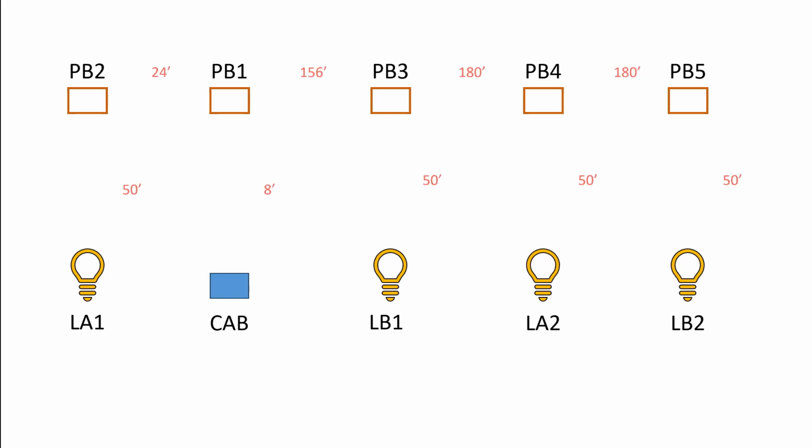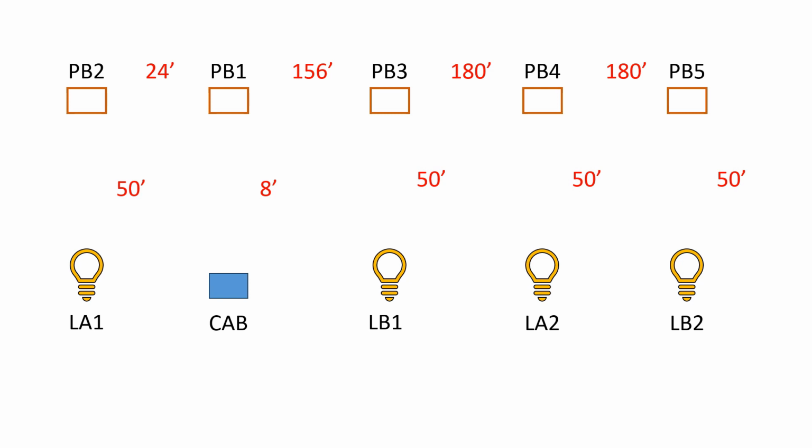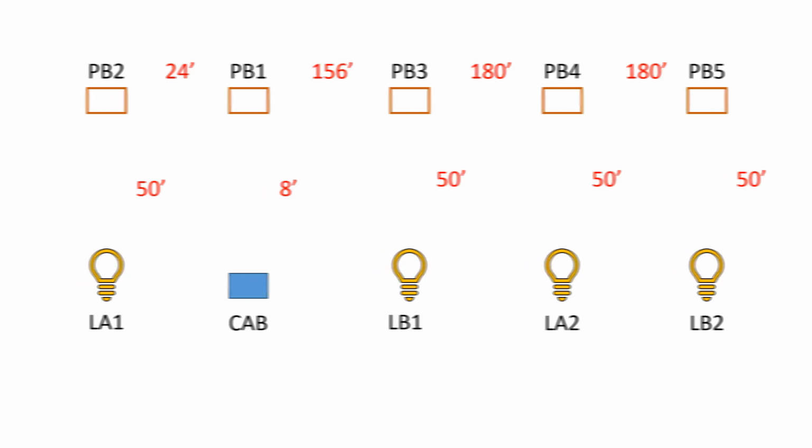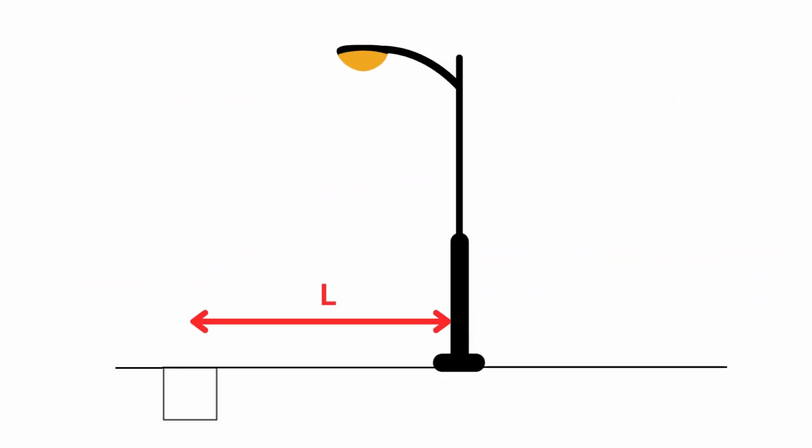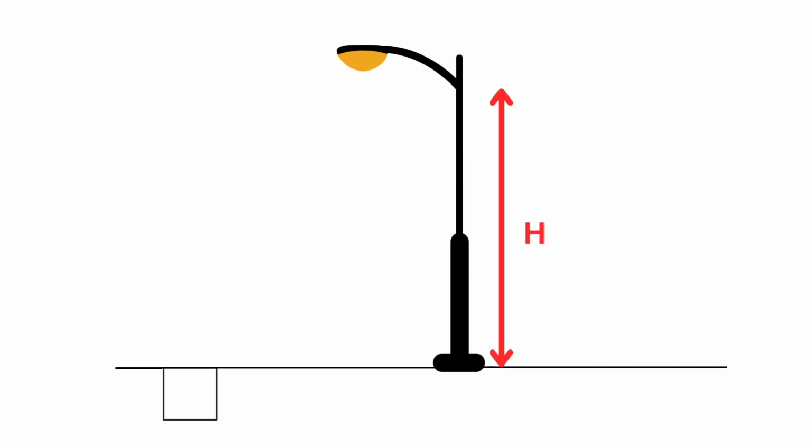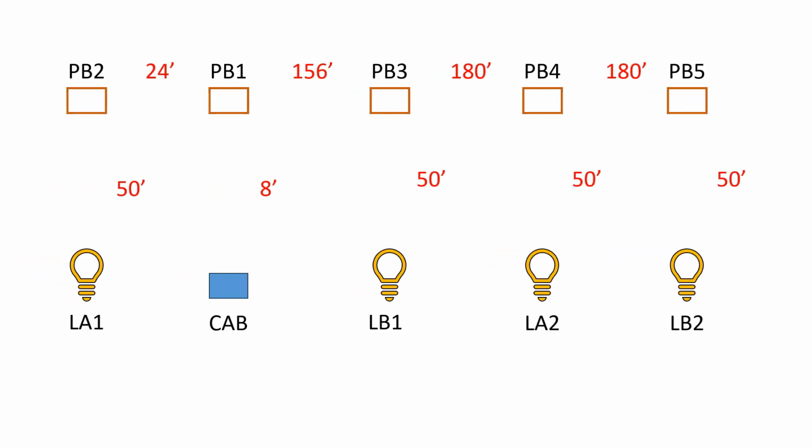Lastly, I included the lengths between the various lights and pull boxes, as we will be using these in our calculations. You can see a length of 50 feet from each light to its corresponding pull box. This represents the distance from the pull box to the light base, the height of the pole, and the length of the mast arm. Let's jump in and start laying out the wires.